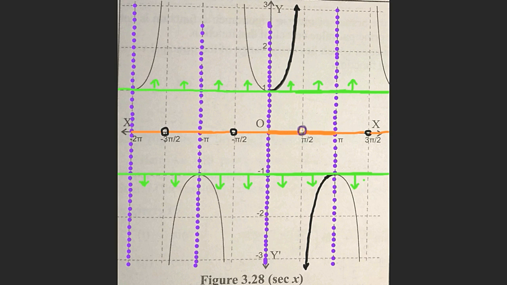Similarly, it is decreasing in the interval minus pi by 2 to 0 except negative pi by 2 and so on. Thus, secant function is either only increasing or only decreasing in particular intervals. Therefore, it is one-one and onto in those intervals.